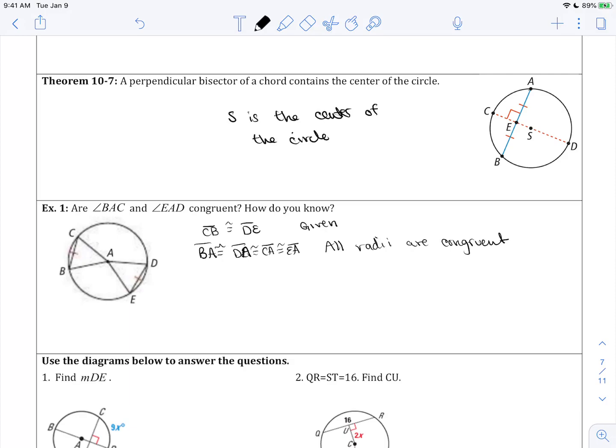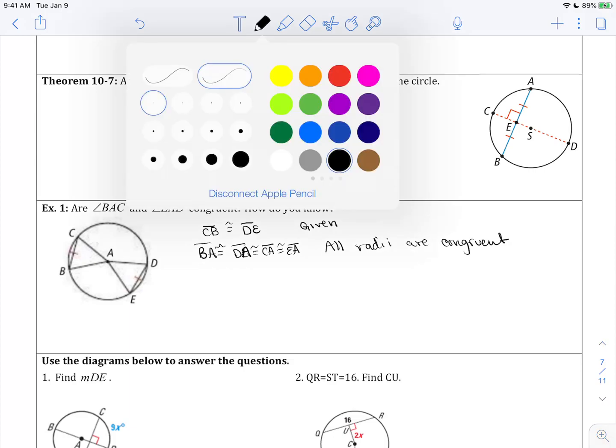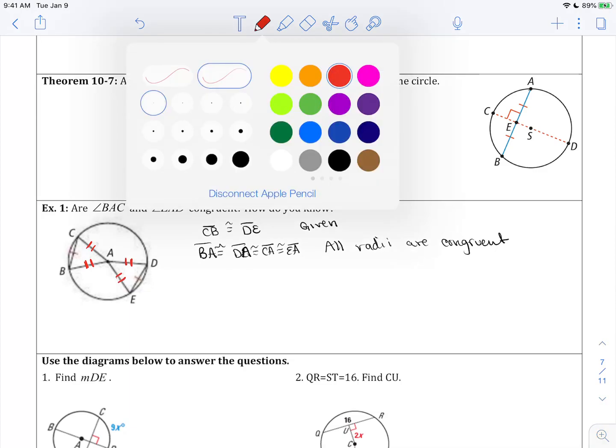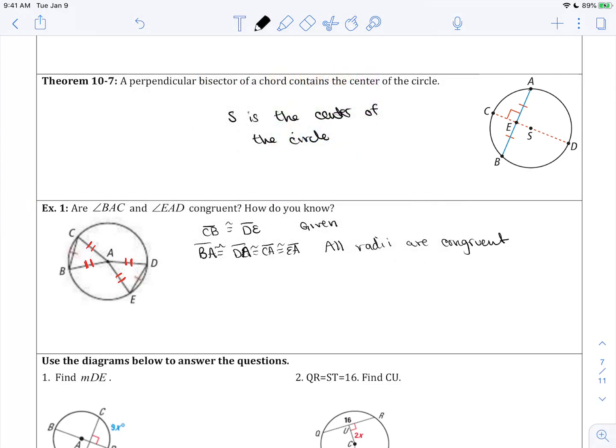Now, if all radii are congruent, right, we can mark this now showing all of these are congruent. So all of these lengths here are the same, and it's good to mark up your diagram as you go so you can kind of see what you've done. All right, so now we have all three sides marked as the same, so I can now say triangle ABC is congruent to triangle AED by side, side, side.